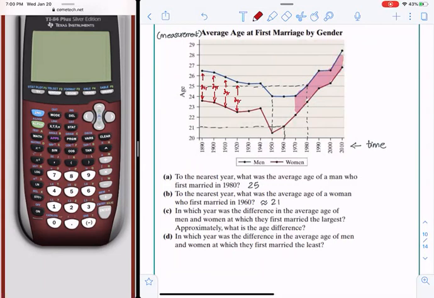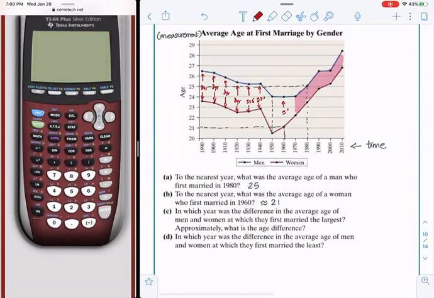So that would be about 2.5, approximately 2.5. And over here we have 25.1 and 23, so about 2.1. And the last one over here, the distance is 21 all the way up to 24. That's approximately 3.